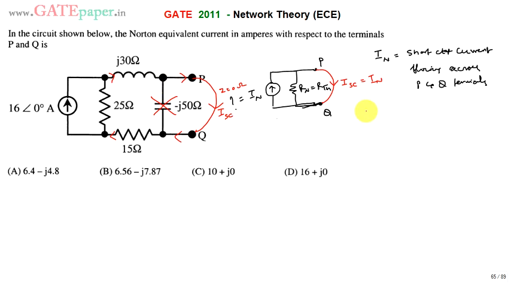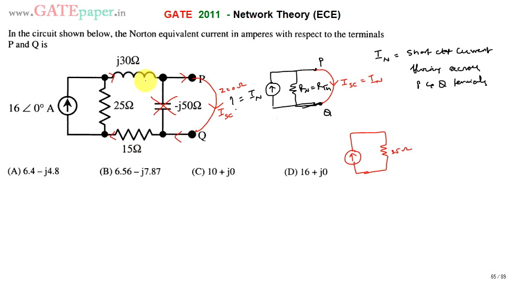So now the circuit looks like a current source in parallel with 25 ohms, and this 25 ohms is in parallel with this series combination, that is 15 plus J30, because the same current is flowing through both impedances, J30 as well as 15.